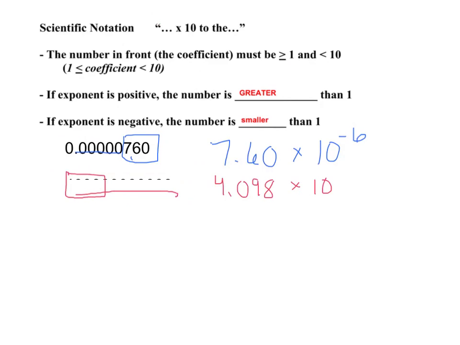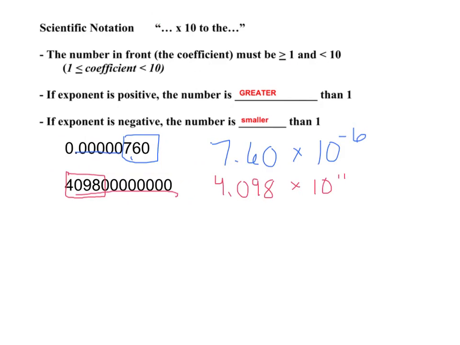Our decimal was initially to the right of the last 0. So we moved our decimal 1, 2, 3, 4, 5, 6, 7, 8, 9, 10, 11 places to the left. Since our number is greater than 1, we're going to have a positive exponent, times 10 to the 11.